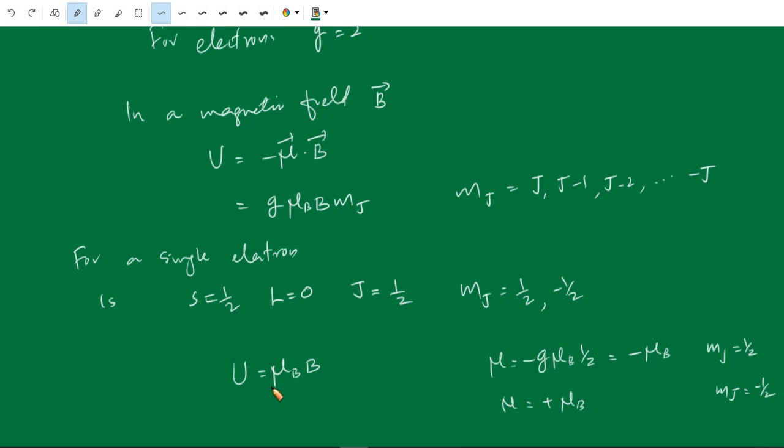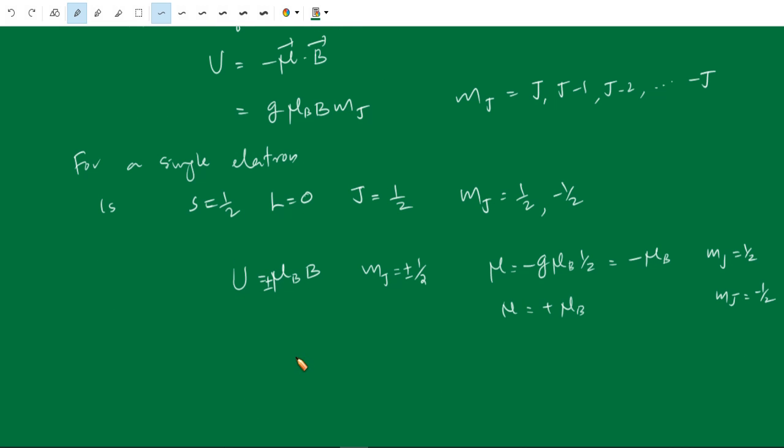Therefore the potential energy can be written as plus or minus mu_B B for Mj equal to plus or minus 1 by 2. The energy splits into 2: plus or minus mu_B times B.